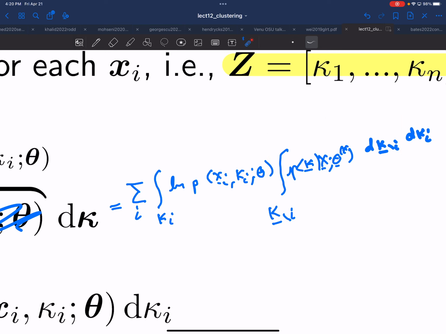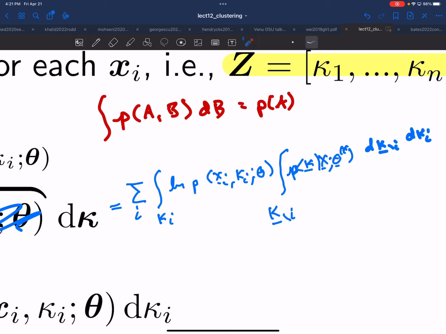This is a density that has many random variables, many different kappas in it, right? If I integrate out all but one, what remains? Let me write it in a simpler way. If I have P of A, B, and then I do dB, what do you get? P of A, right?